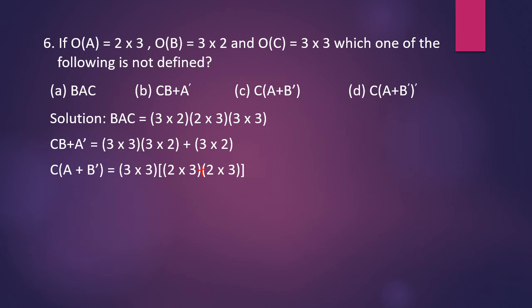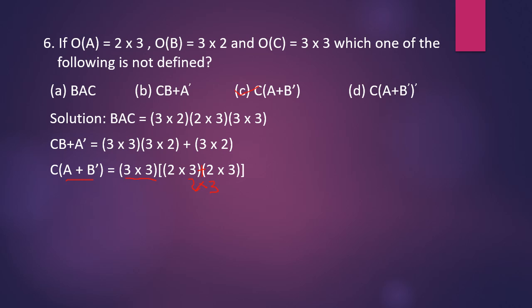Then the order will be 2 by 3 itself. Then the order of the matrix C is 3 by 3, and the order of this matrix is 2 by 3 here. So this is not possible because the number of columns of the matrix C is not equal to the number of rows of A plus B dash. Therefore, this statement 3 is not correct here.